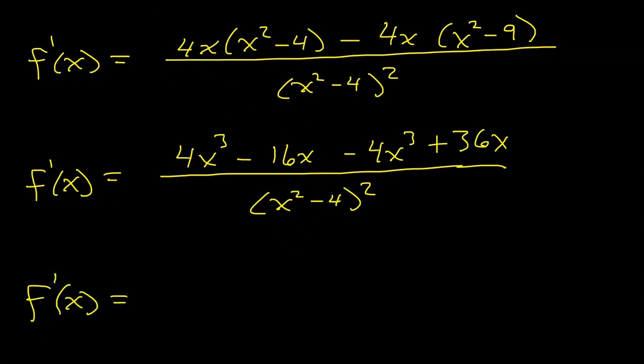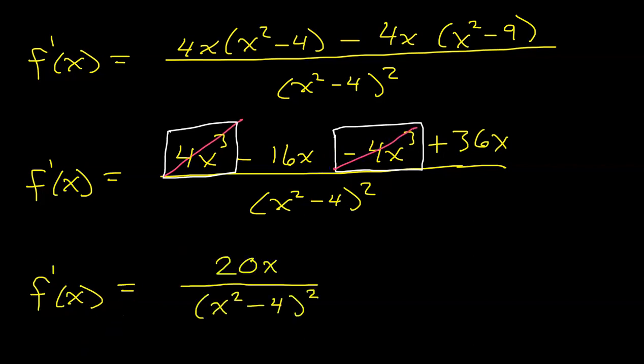So combining like terms, one interesting thing I notice is we've got the 4x to the third power here and a negative 4x to the third power here. These are going to cancel each other out. Combining like terms, we have 20x over x squared minus 4 squared.